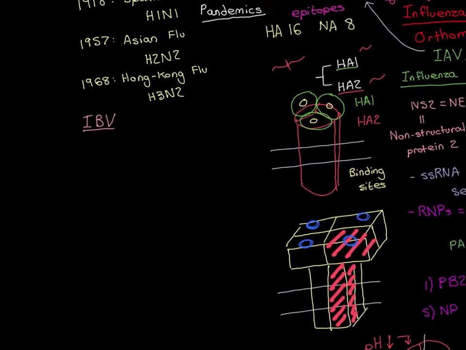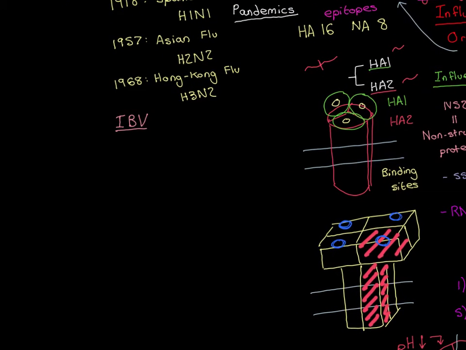Let's now talk about the different strains then of influenza B virus. So, just as with influenza A virus, there are a huge number of different strains of influenza B virus. It's a species and there are lots of different strains. However, thankfully, making it a lot more simple than the influenza A virus, we do not split all of the different strains into different serotypes of hemagglutinin and neuraminidase. There is only one serotype of hemagglutinin and neuraminidase for influenza B viruses.